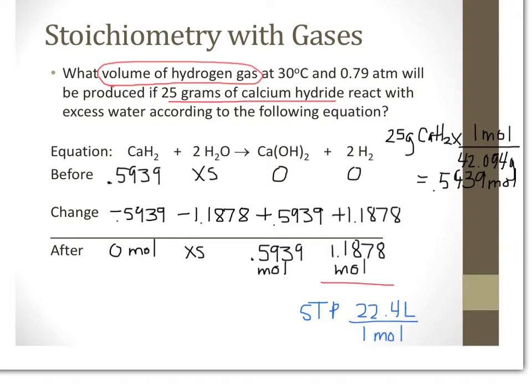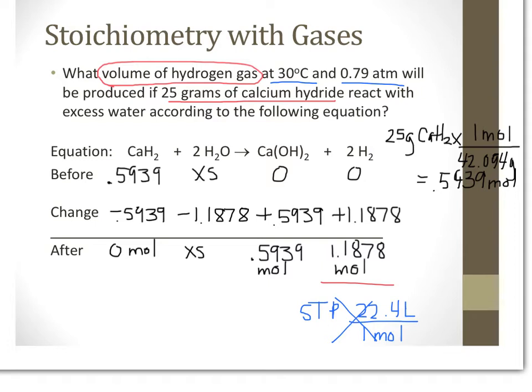However, in this particular problem, that is not going to be helpful because this specifies that the temperature is 30 degrees Celsius. That's not standard temperature. And the pressure is 0.79 atmospheres, which is not standard pressure. So the easier method, 22.4 liters in every 1 mole, isn't going to help us here.